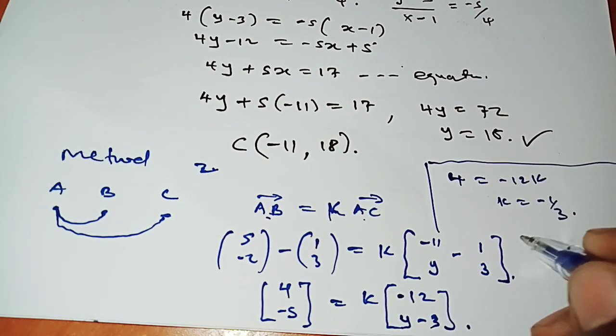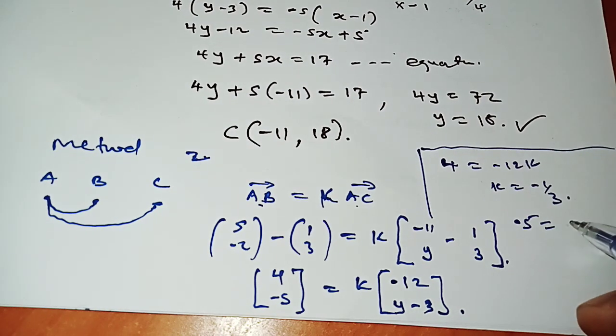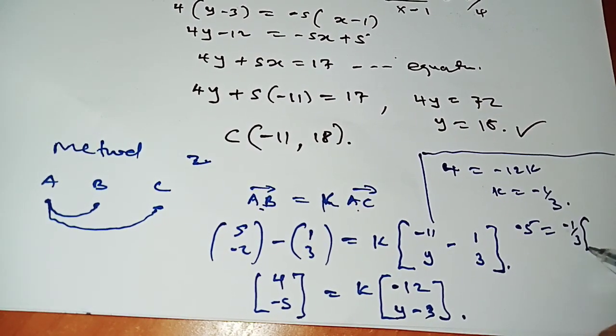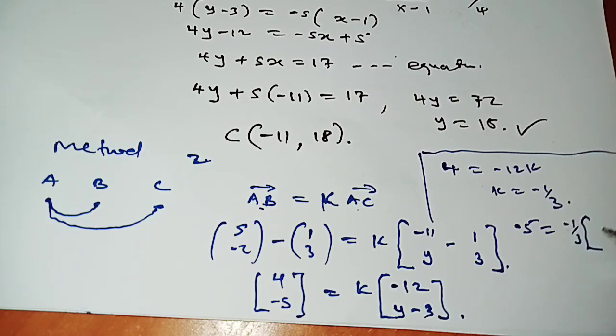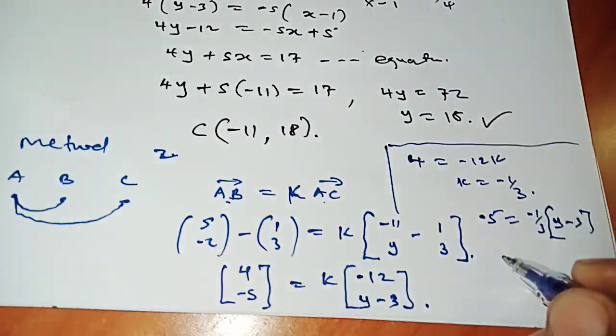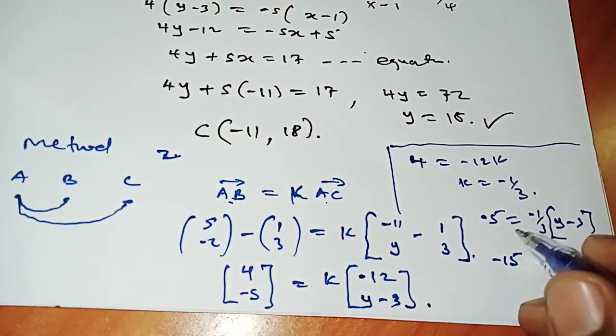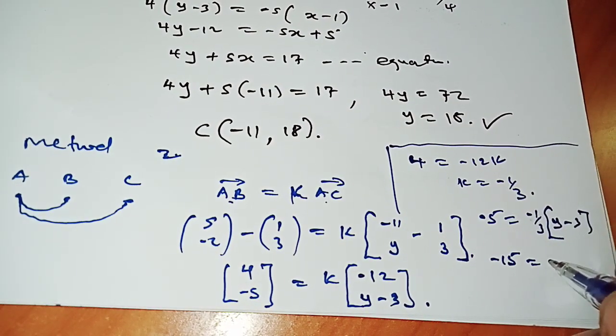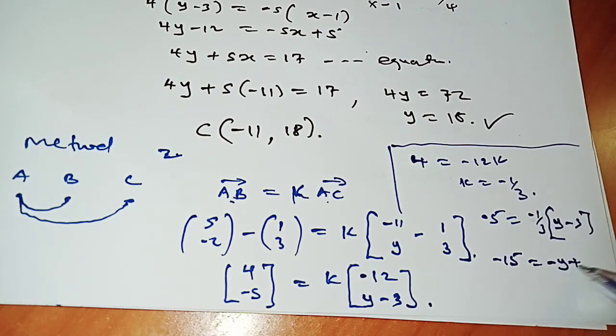Okay, if k is minus a third, what's the value of y here? So we are going to have minus 5 equals to minus 1 over 3 into y minus 3. So multiply both sides by 3. We have minus 15 equals to minus y plus 3.